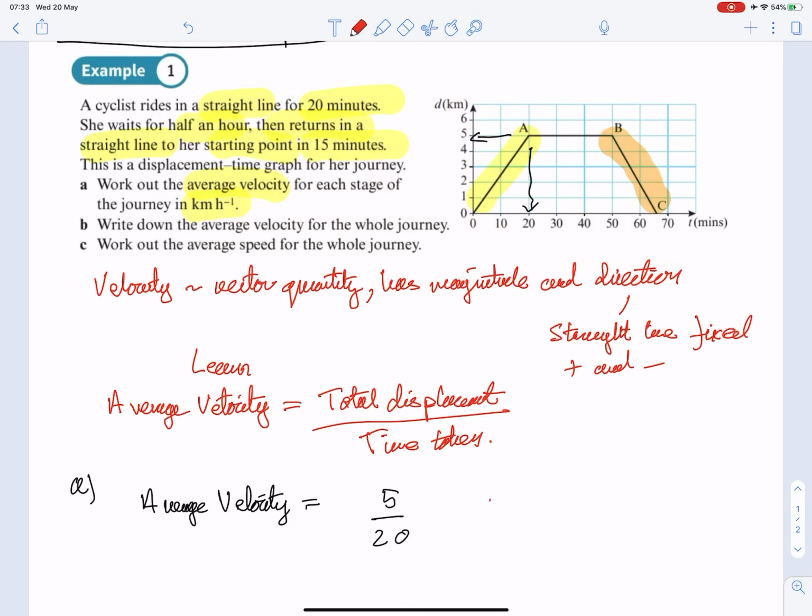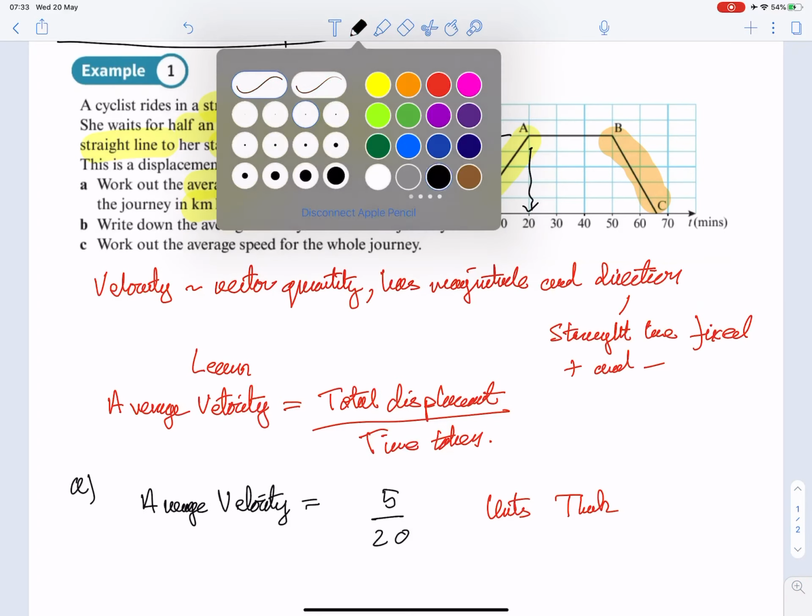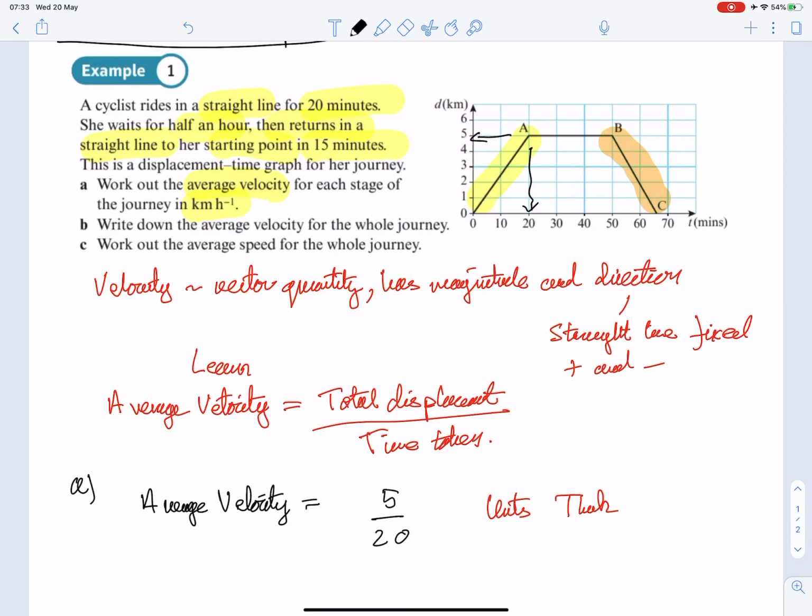So units, think carefully. The units here at the moment are in kilometres per minute. So 20 minutes, it's probably best to convert to hours. 20 minutes is equal to 1/3 of an hour.